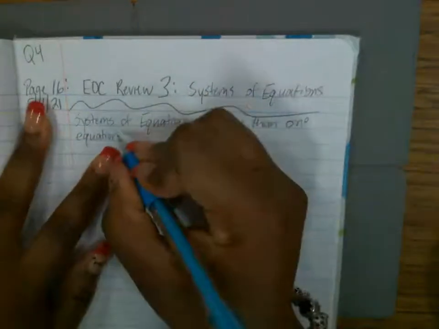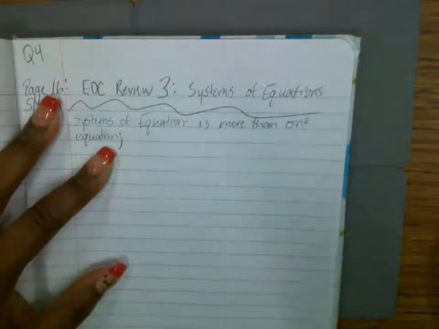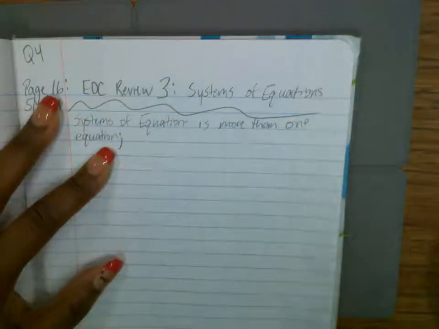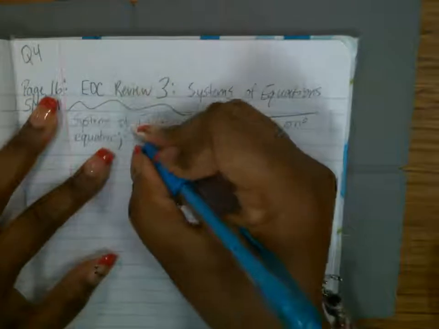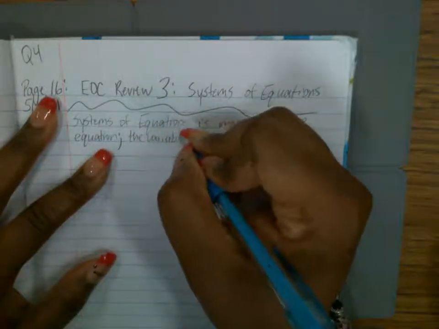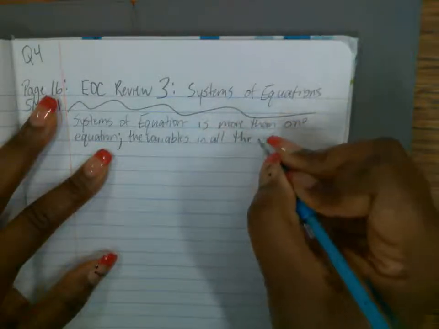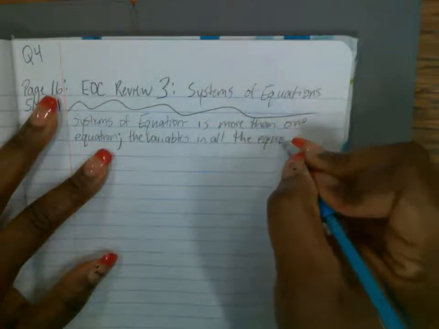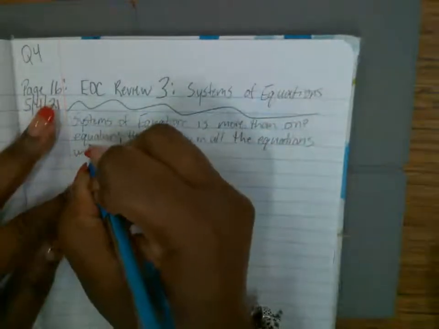In this system, the variables x and y, or whichever variables you are using, have to have the same meaning in all of the equations, whether it's 2, 3, or 4 equations within the system.